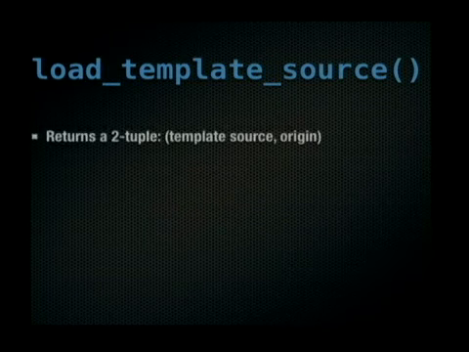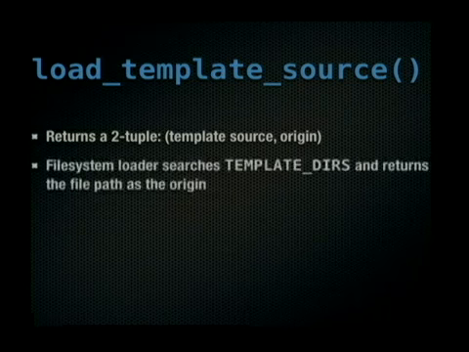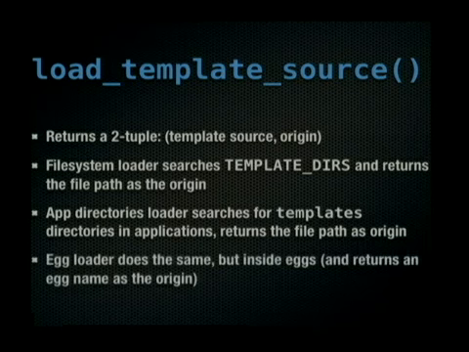Load template source basically returns a tuple of two things. One is the template source, which is a string. The other is origin, which is, hey, where did you get that from? There's a file system loader, for example, that searches through your template directories and returns the file path as the origin. App directories loader, same thing. There's an egg loader that looks inside Python egg files and returns the egg name as the origin.